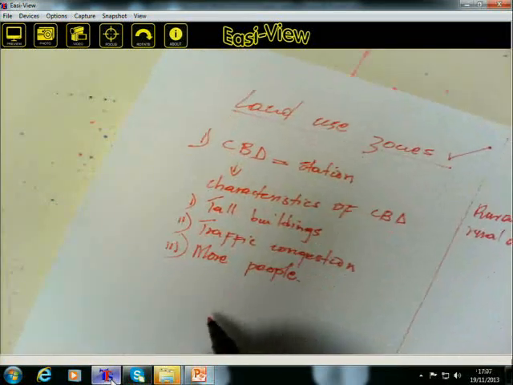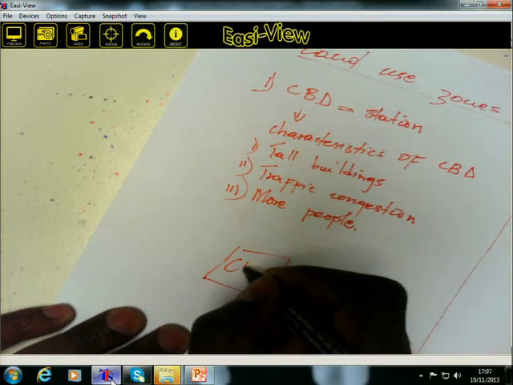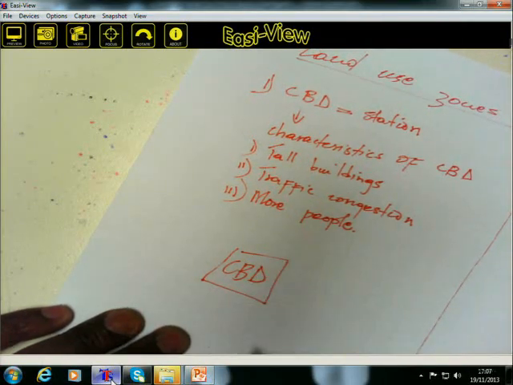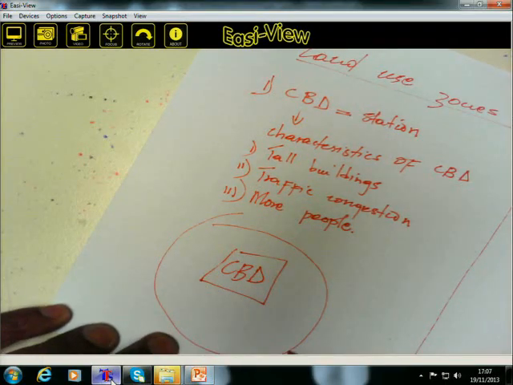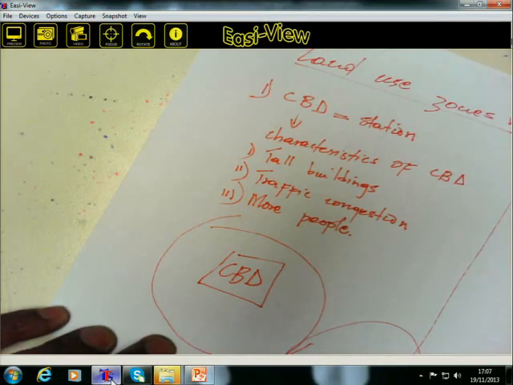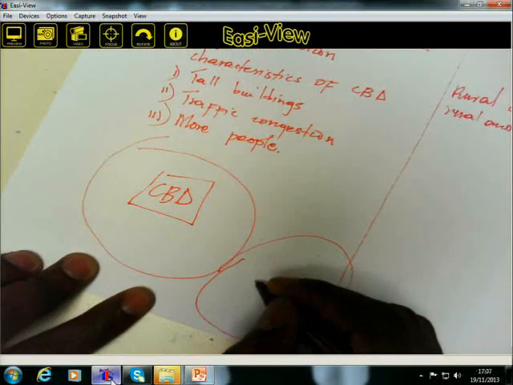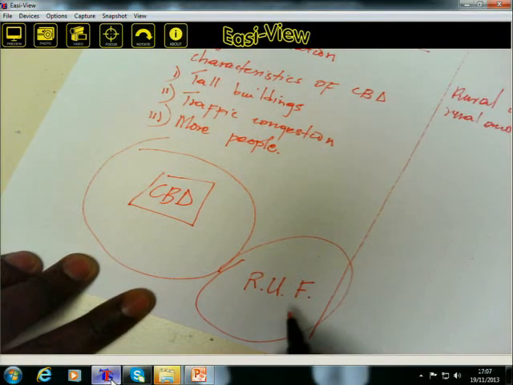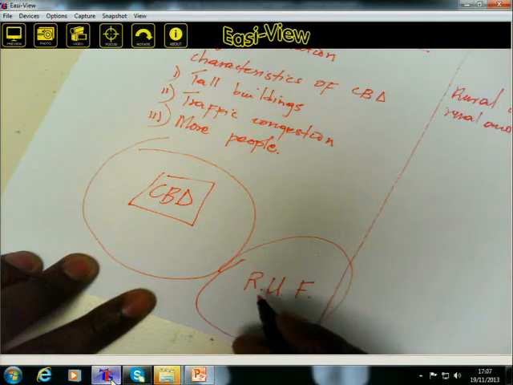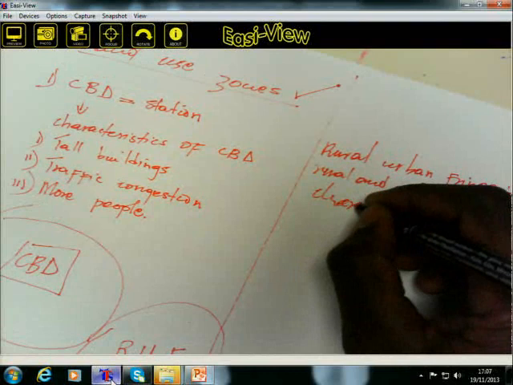Every time when you move from the city center, let me give you a sketch here. When you move from the city center to the outskirts, you'll find that you've got the outside part of the city, which will be your outskirts. And this is where you get your rural urban fringe. Now, within this rural urban fringe, what are the characteristics also of the rural urban fringe?